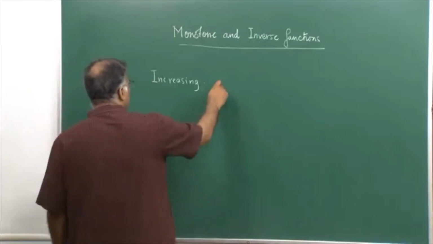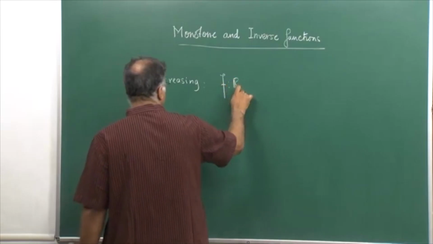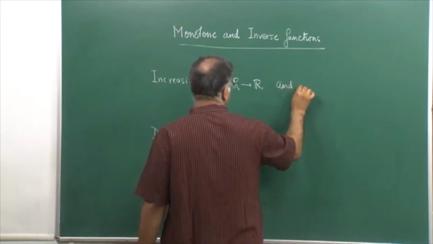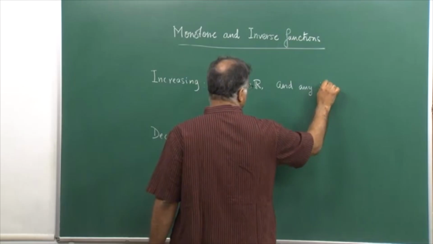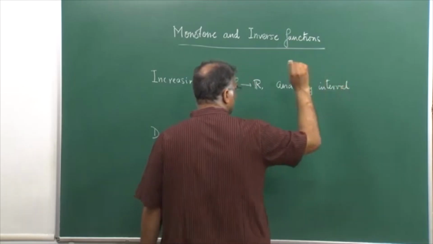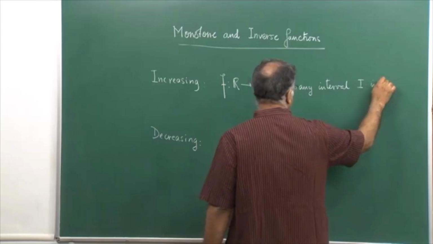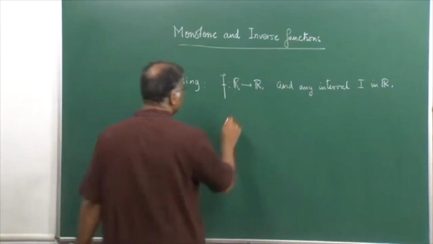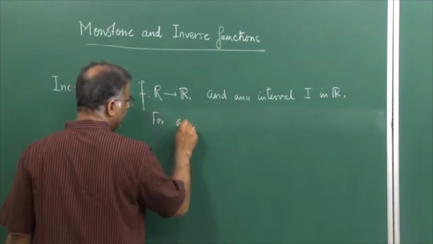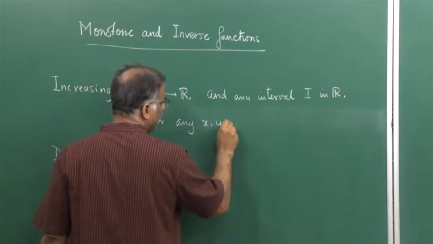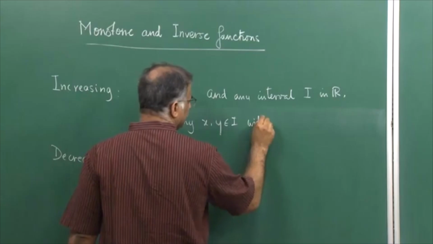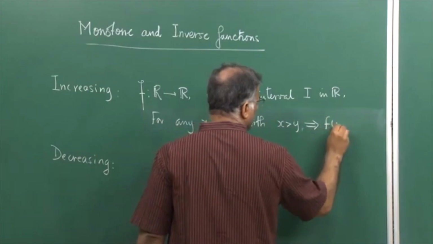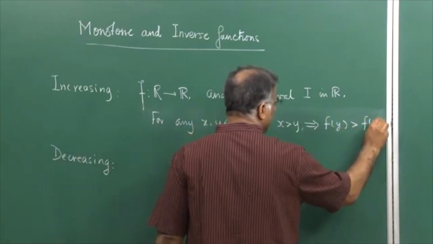Take any function f, say from R to R, and an interval I in R. If for any x, y in I with x greater than y, it implies that f(y) is strictly bigger than f(x), then the function is called increasing.